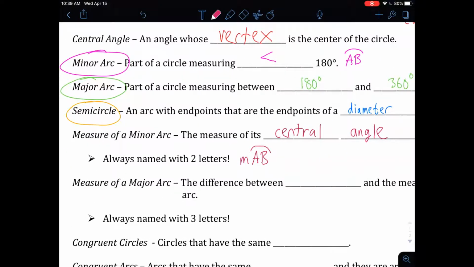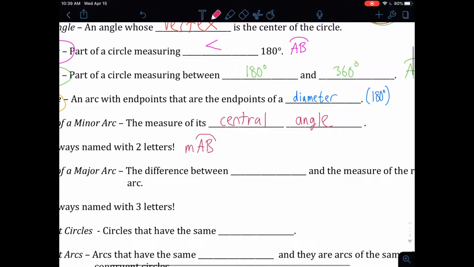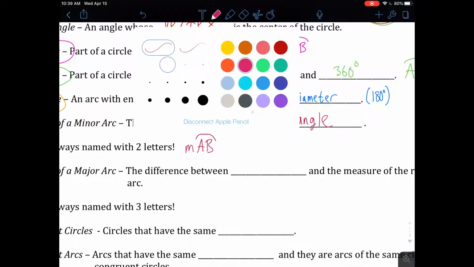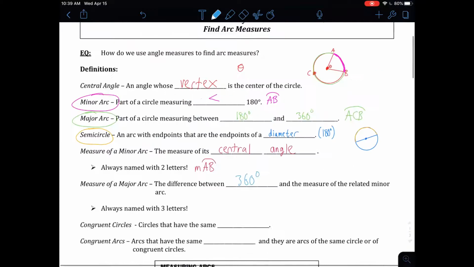And then the measure of a major arc. A minor arc is less than 180 degrees, major arcs are bigger. So the measure of a major arc is going to be the difference between 360 degrees and the measure of the related minor arc. Okay? Always named with three letters.